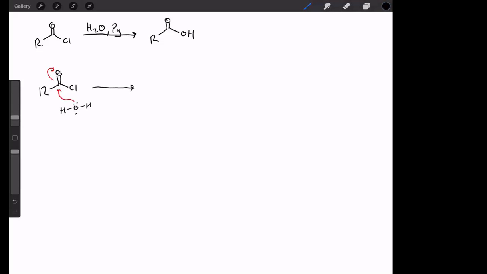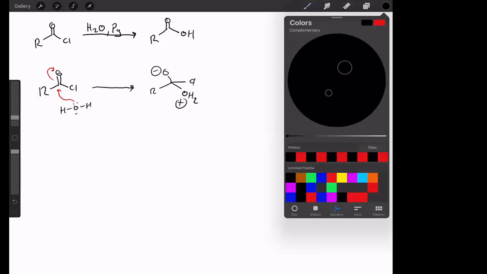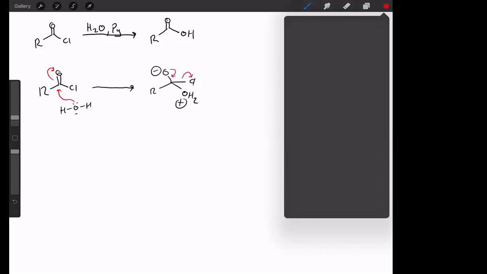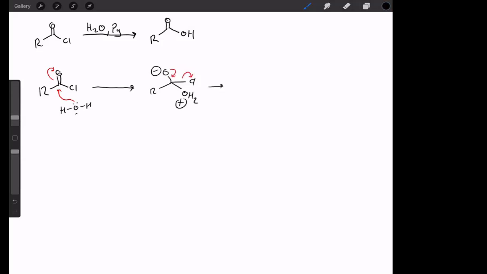Well, notice that water is neutral, so I should form a neutral intermediate. And indeed, if I start off with a nucleophilic attack, that's what happens. I can push off the chloride, leaving me with a protonated acid.